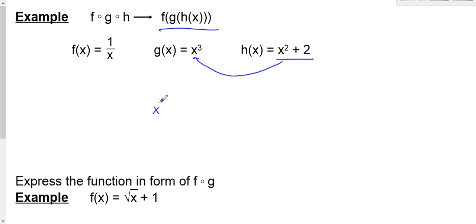So we have x squared plus 2 cubed. And then that is going to go into f of x. So what I have here for g of x is going to replace the x. So f of g of h of x is going to be 1 over this x squared plus 2 cubed.